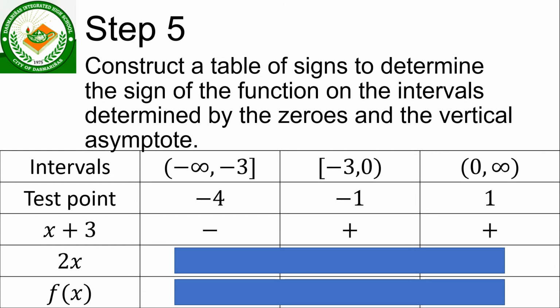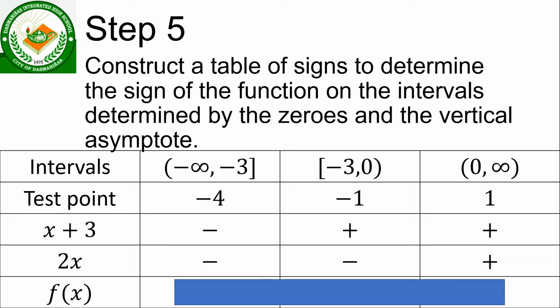For the second factor, negative 4 times 2, negative times positive, negative. Negative 1 times 2, negative times positive, negative. And 1 times 2, that will be positive. Okay, so we have negative, negative, positive. And for f of x, we will divide the signs of the two factors.